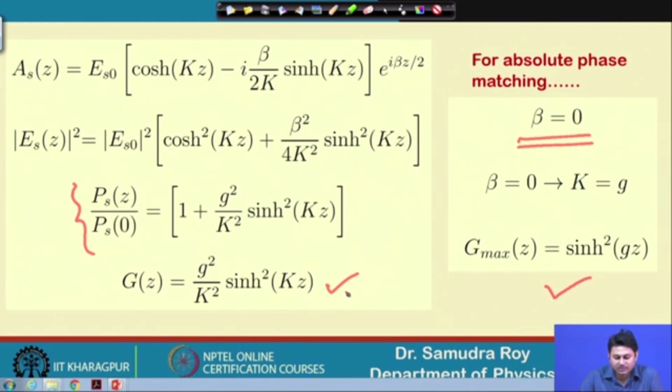So, beta equal to 0 means we should consider a phase matching condition, but if you look carefully, you will find that in this phase matching condition, the phase associated with the pump field is also there. So, the pump basically acquires some kind of nonlinear phase that should be compensated by the propagation vector of signal and idler.